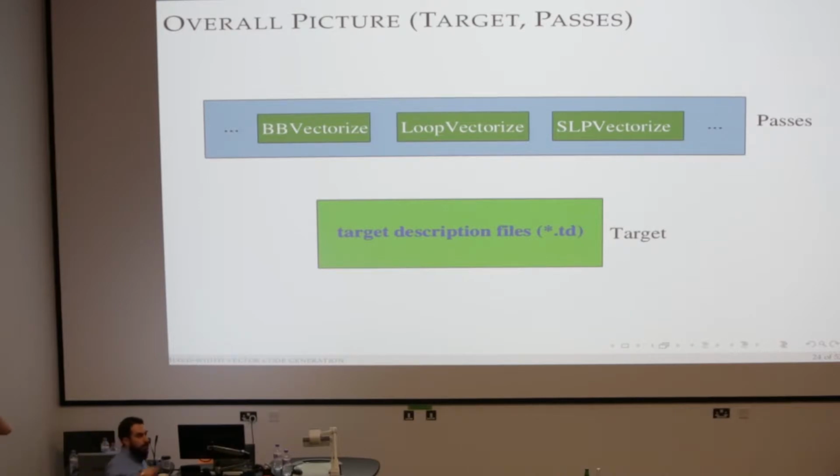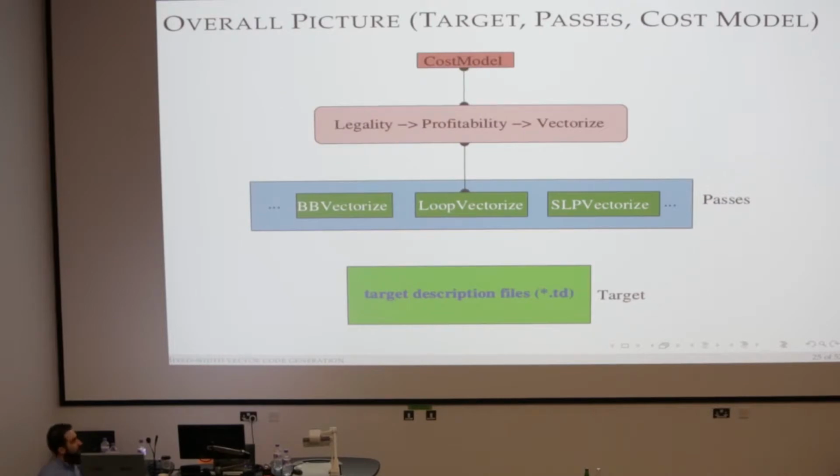And regarding vectorization, in the middle end, the more target independent part, we have some passes for vectorization. These passes first do some legality checks and check for profitability before doing the actual vectorization.